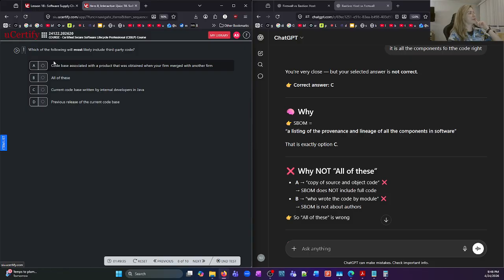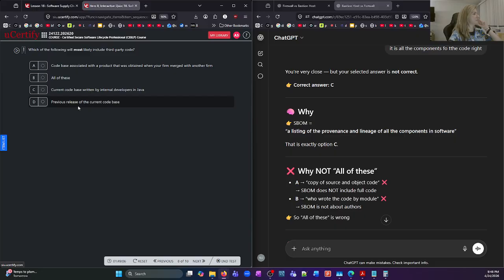Which of the following will most likely include third-party code? Code base associated with a product that was obtained when your firm merged. Current code base written by internal developers.